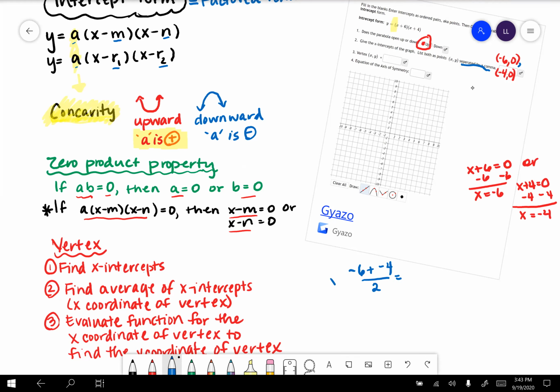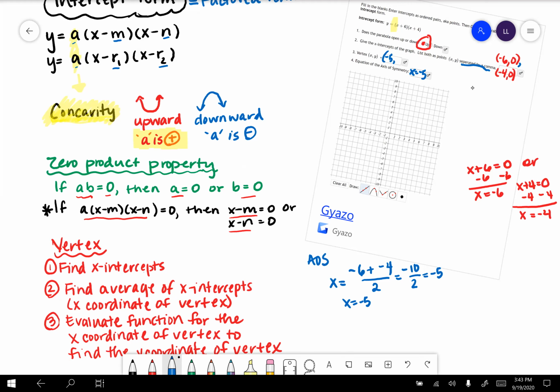That gives us the x-coordinate of the vertex, or our axis of symmetry. Negative 6 plus negative 4 is negative 10. Negative 10 divided by 2 is negative 5. So x is equal to negative 5 is our axis of symmetry, and it's also the x-coordinate of our vertex.